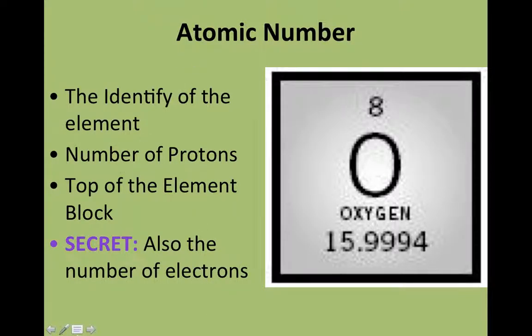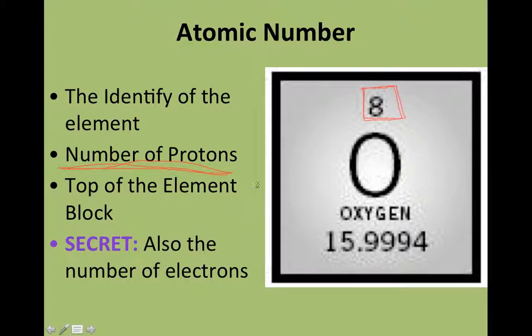Now, let's start with the first one up here, the atomic number. And the atomic number is classified as the number of protons an element has. And where you identify that atomic number is this thing right here, that top number that's in the block.